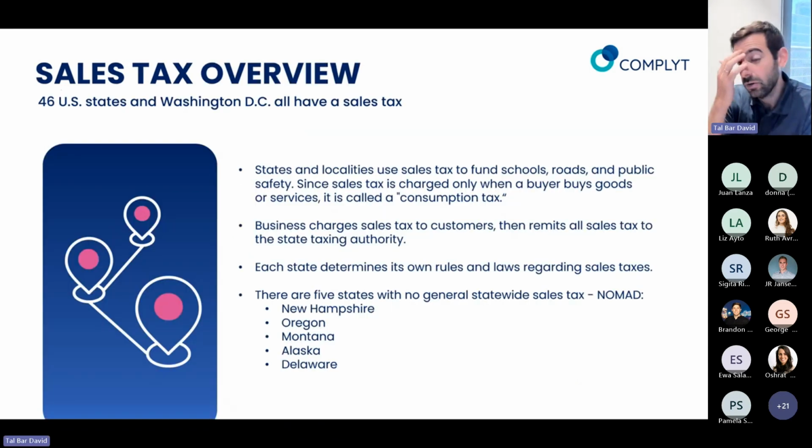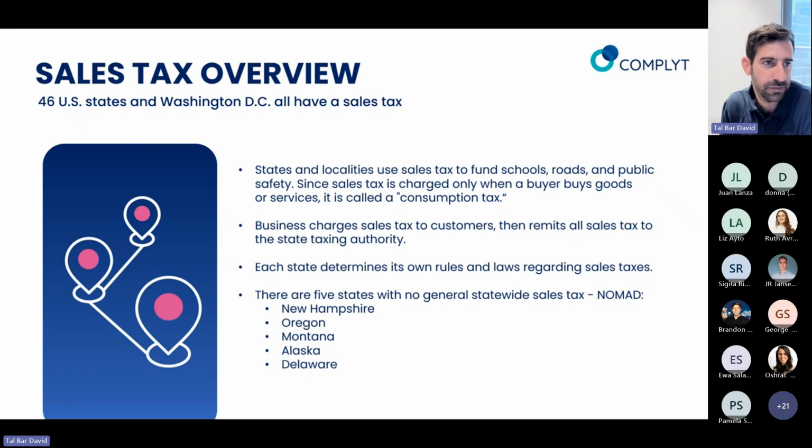So let's start with sales tax. Sales tax is basically the indirect tax that we have in the US. We're familiar in Europe with VAT, but the problem with sales tax is that the concept differs from state to state.